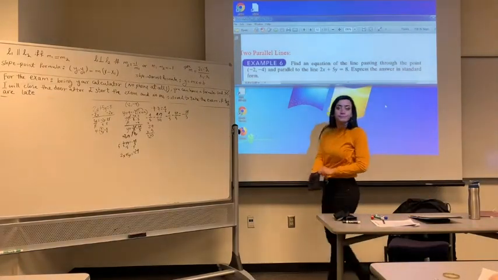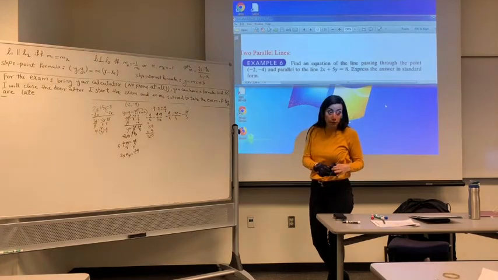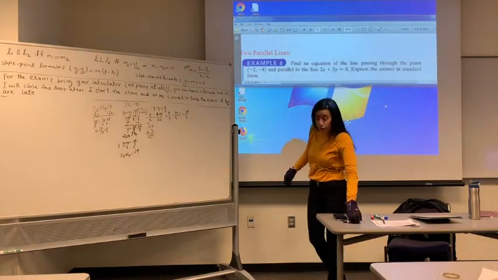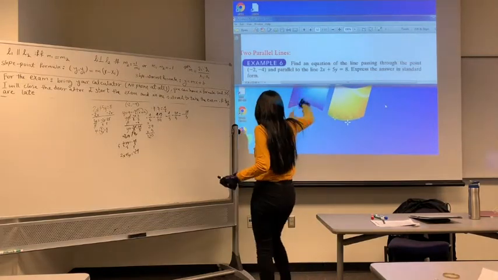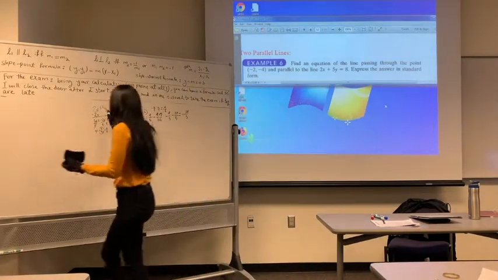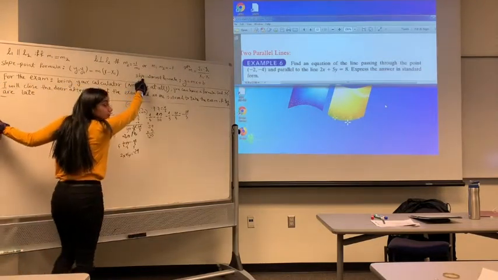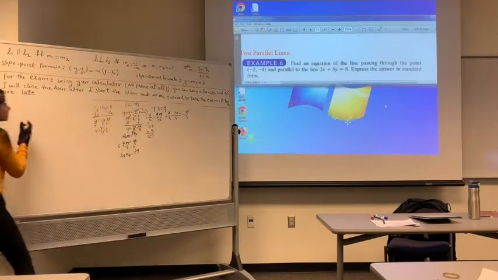So, what he did, first of all, he used the first line, which we have here, 2x plus 5y. And then he made it in slope-intercept form, correct?